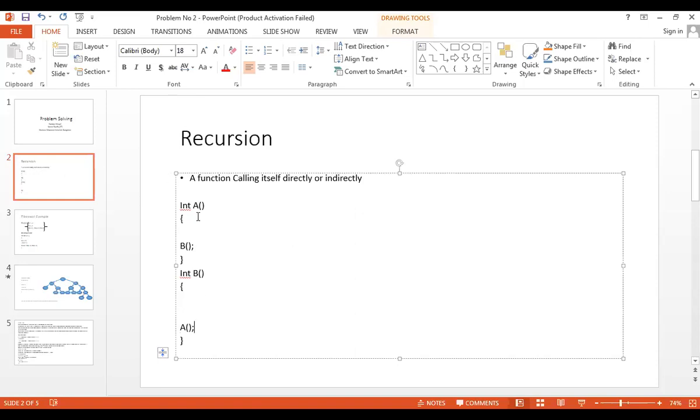In turn, a is calling b and b is calling a, so that's indirect calling. That is also a recursion. So it means that a function is calling itself.